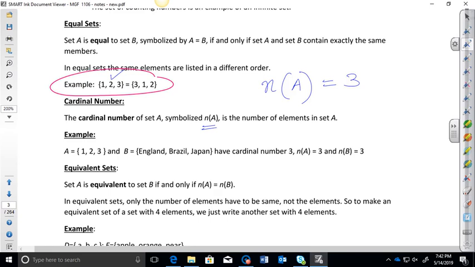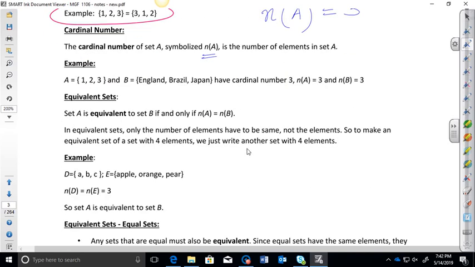If the cardinal number of 2 sets are the same, we call those sets equivalent. So equivalent means only the number, how many are there, should be the same, but the elements can be different. See, these 2 are equivalent. But are they equal? No. If they're equal, they're automatically equivalent too, right?